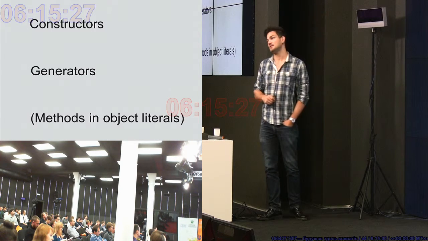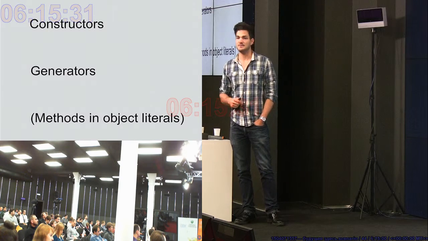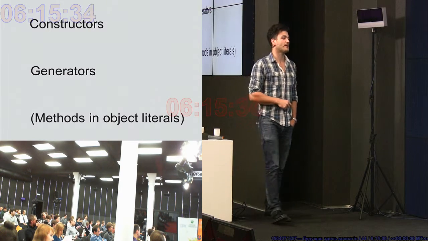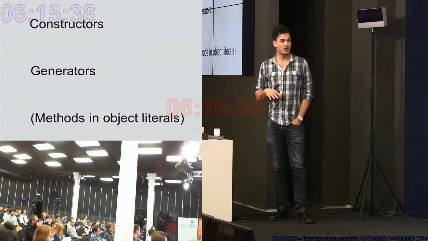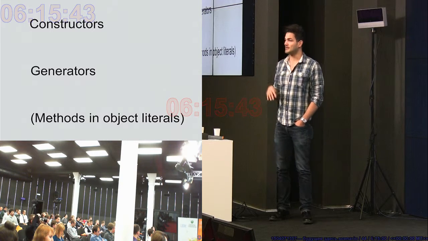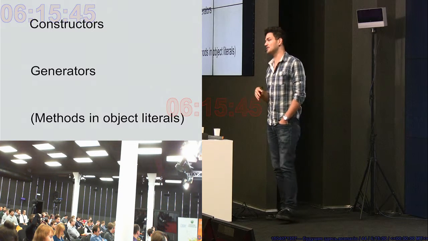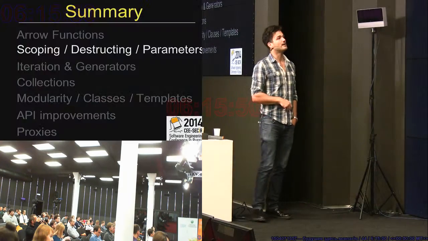It's a really cool feature. I guess if you use Python, nothing new here. And then methods in object literal. It's not necessary to use a function in methods for an object literal. Now we've got the shorthand notation for that, but you can still use it.